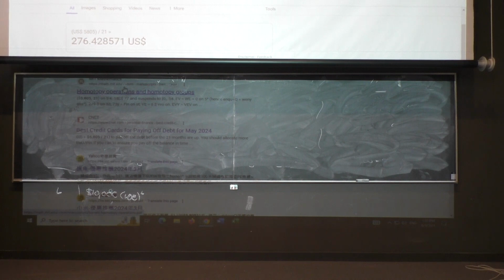So here's where we're going to use our formula. Is the payment about the same as the yellow one? The yellow one we just calculated would be about $276.43. I'm going to write that on the board real quick.